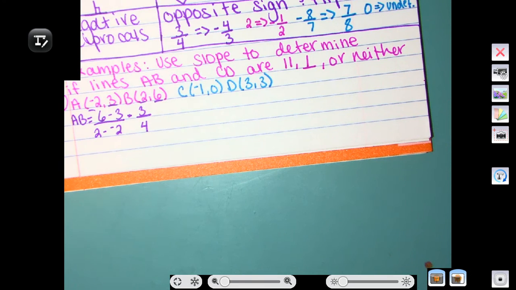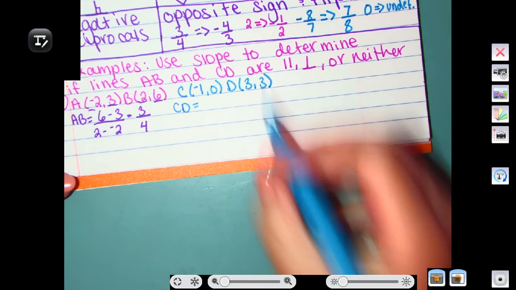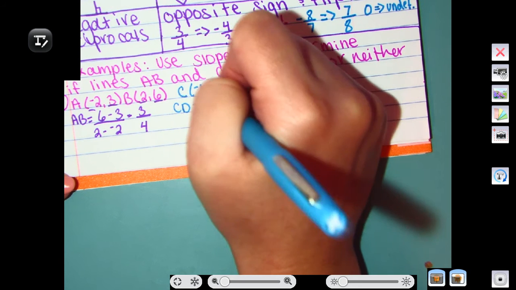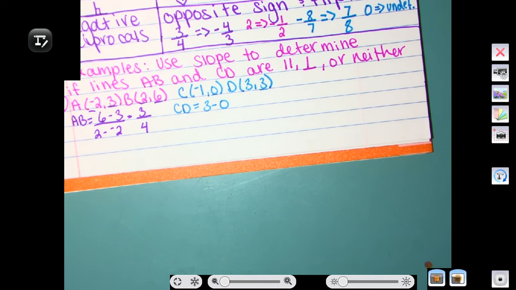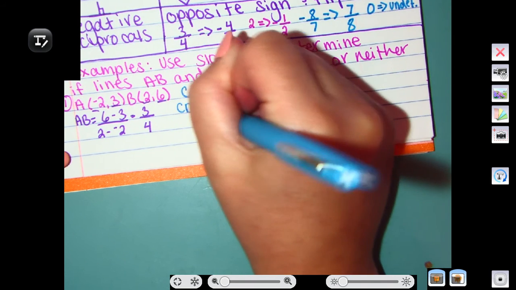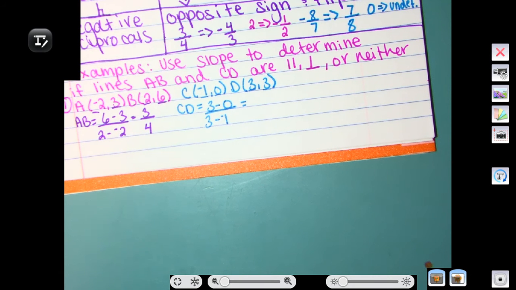Let me find my slope for CD. So 3, these are just simple integer operation problems. So 3 minus 0, and then 3 minus negative 1. Okay.